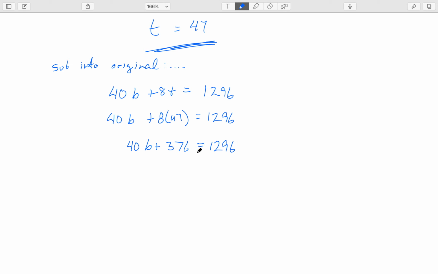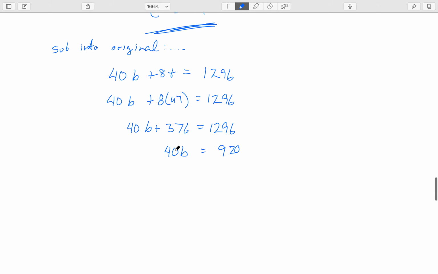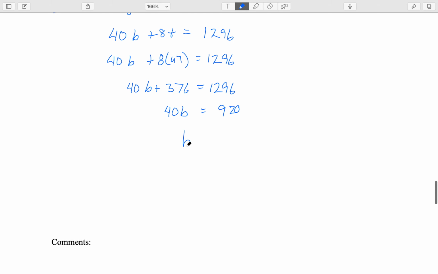Subtract off 376 from both sides. 40b is equal to 920. Divide both sides by 40, and here's what you get. b is equal to 23.